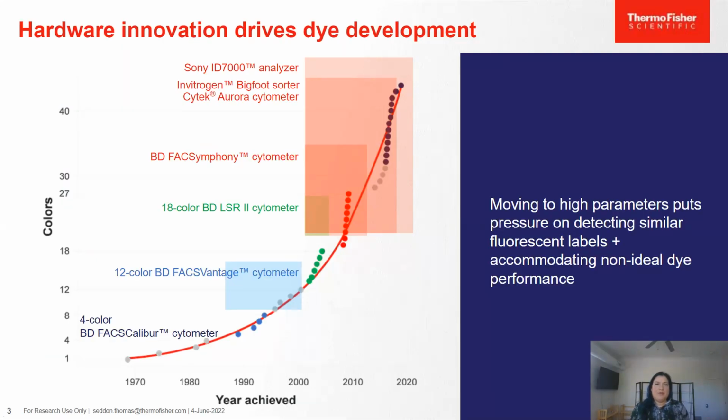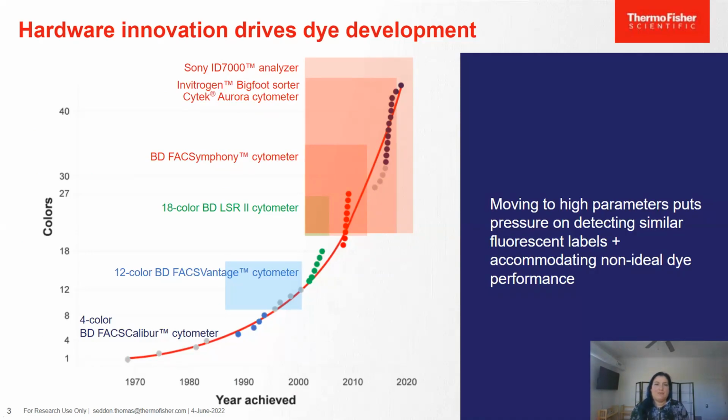The idea here is that hardware innovation really drives dye development. Back when there was really just a 4-color FACSCalibur, there was very little pressure to have more dyes.